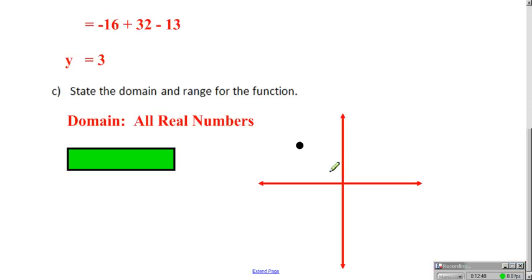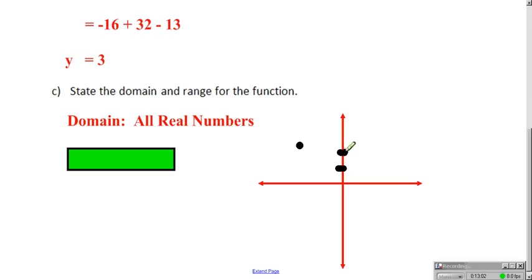So your vertex would be somewhere in there. And remember, it is negative, so your graph is going to curve down. Not getting this smooth curve, but your graph would curve down on both sides, creating the parabola.